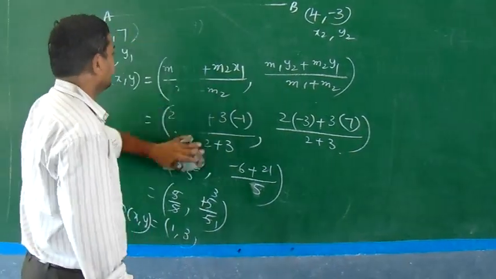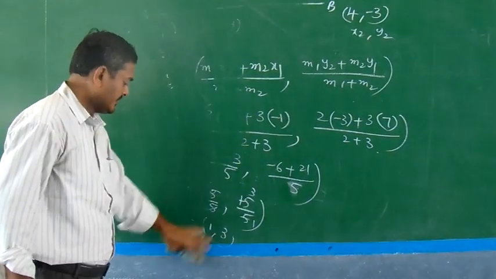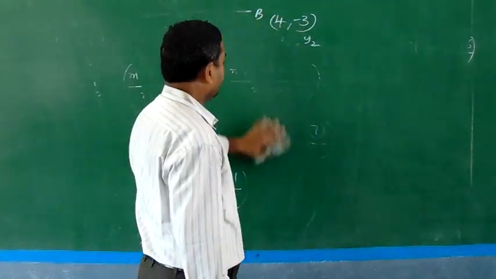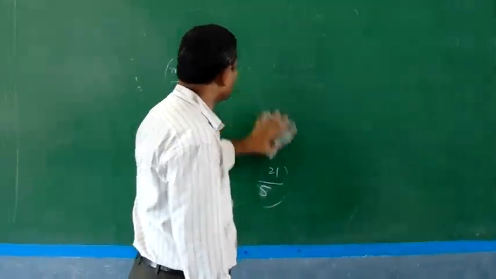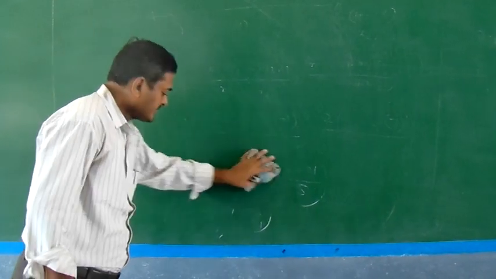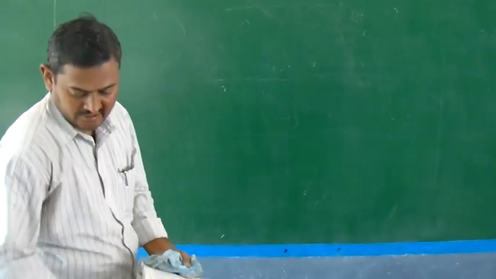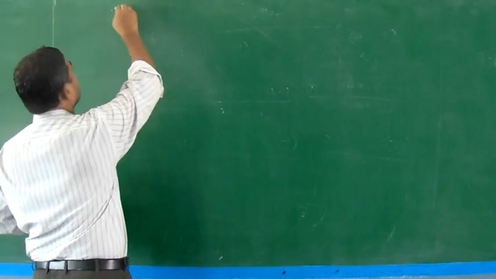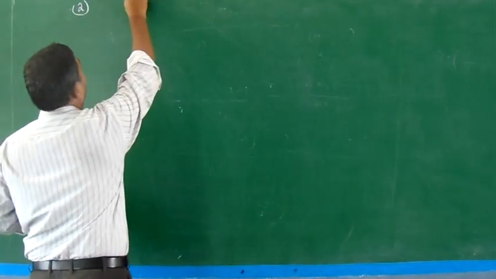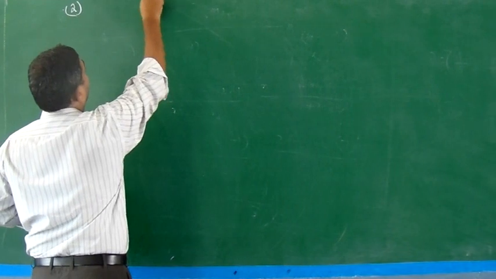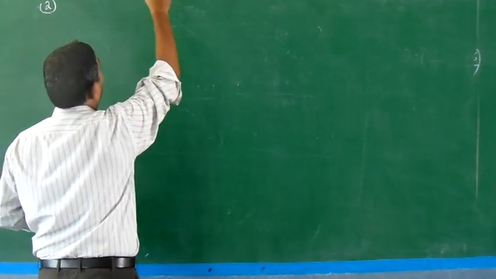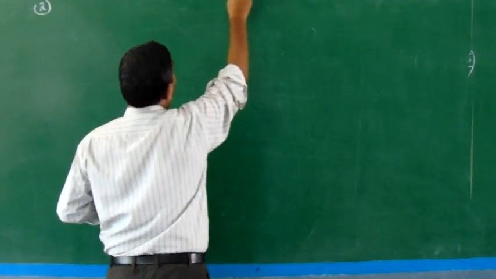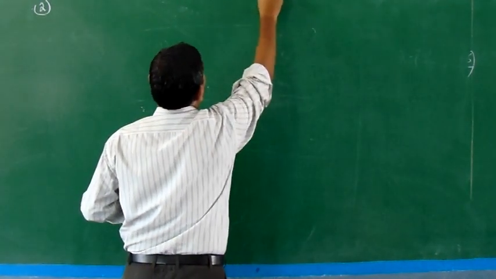Now the second question. What are they asking? Trisection. Trisection means there are two cases to record, 1:2 or 2:1.